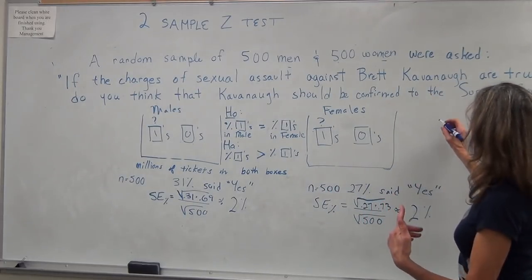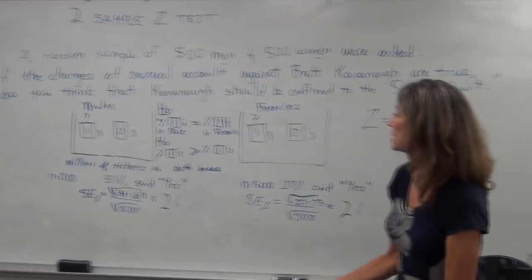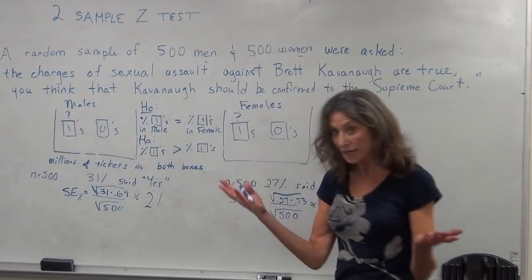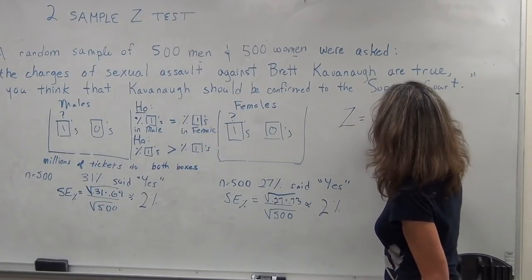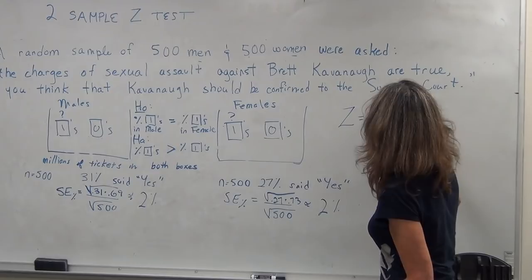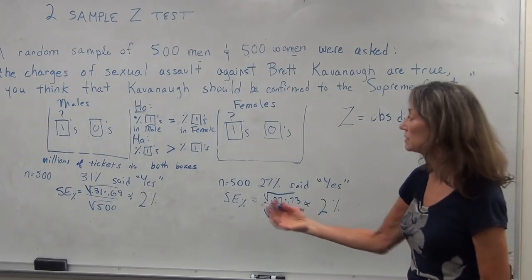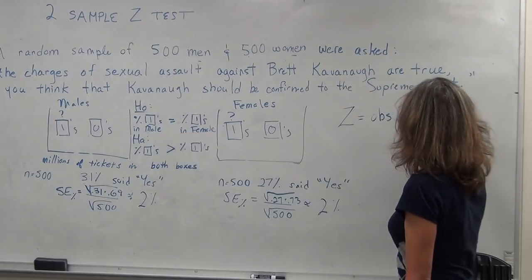Our z statistic will be the observed difference between the two samples, which is 4%, minus, what do you think? The expected difference. The expected difference under the null is 0.